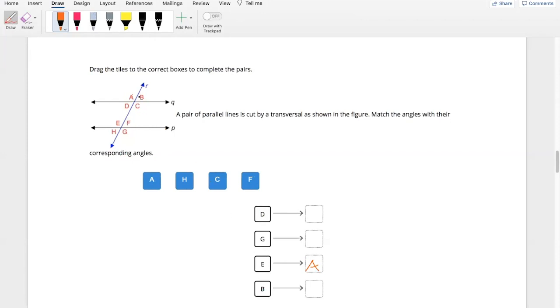Angle B, let's say, corresponds, that's in the top right. And then on this one, the top right is F. D corresponds bottom left angle, H. And then C and G are a match. They're both in that bottom right.